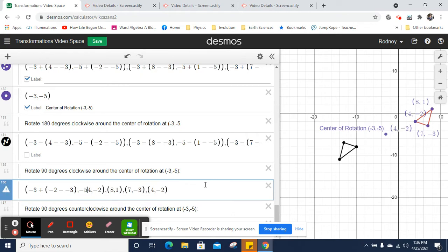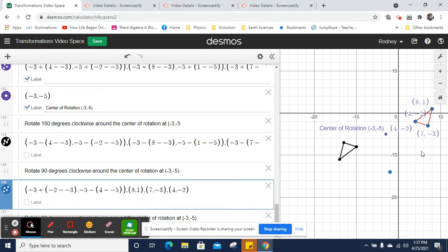I'm leaving the other parts of the point so I can keep track of them. Minus 4 minus negative 5. And that point will be a rotation from 4, negative 2. So here's 4, negative 2. I have rotated it around like this.